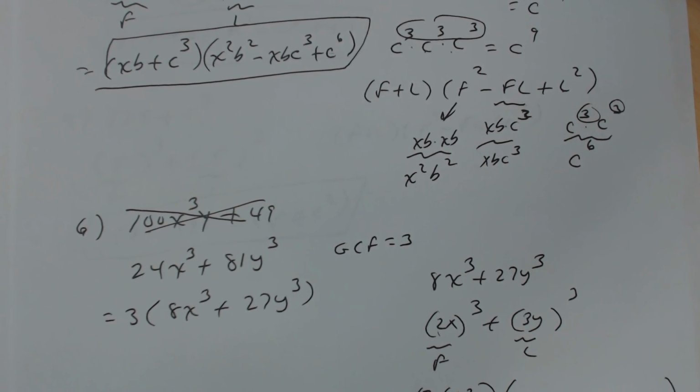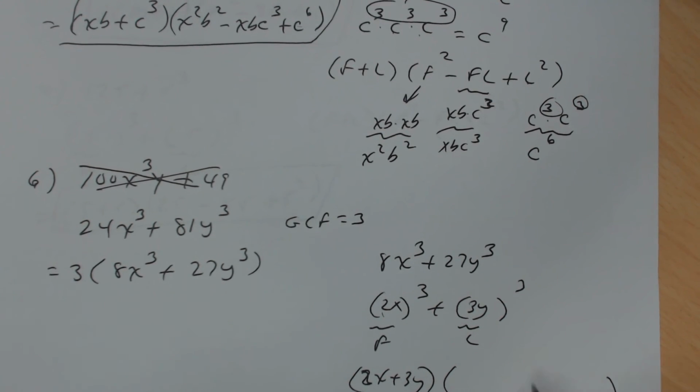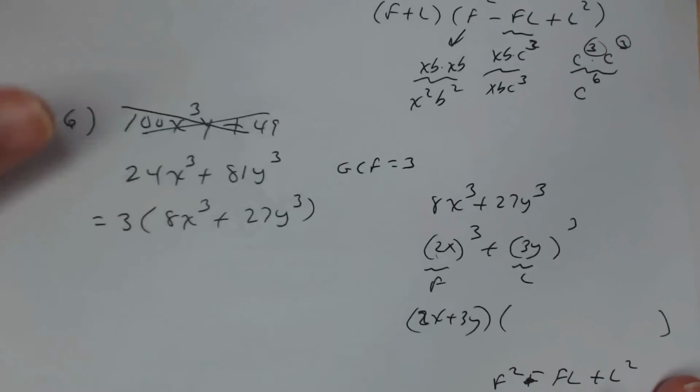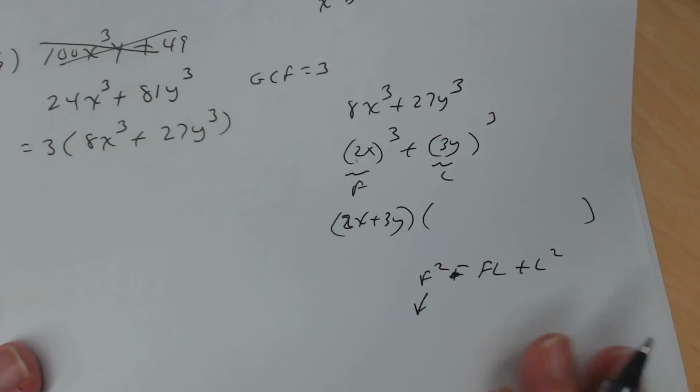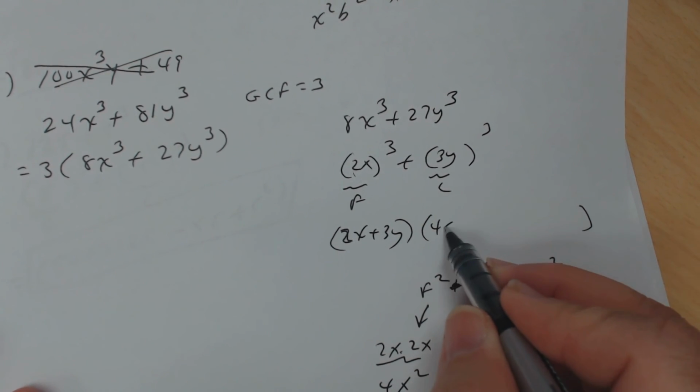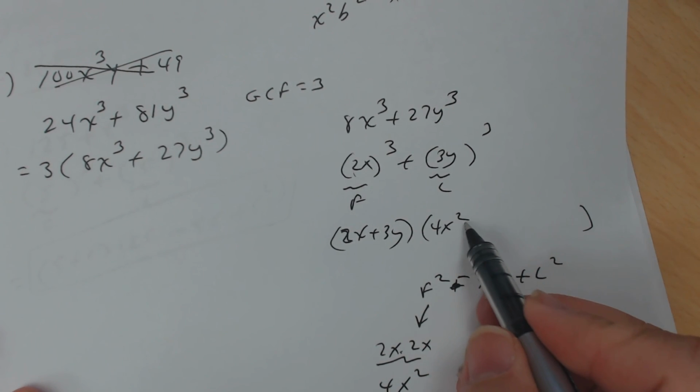And then the trinomial, remember, is F squared minus FL plus L squared. So F squared says I take F, which is 2x, and multiply by itself. So 2x times 2x is 4x squared. So that goes here, 4x squared minus.